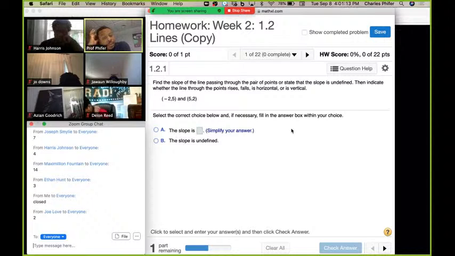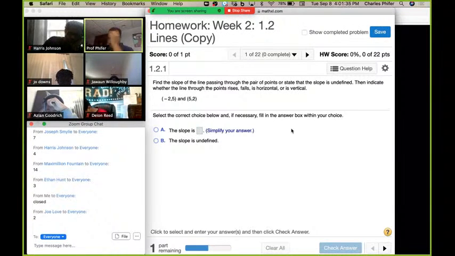It says find the slope of the line passing through the pair of points and state whether that slope is undefined. Indicate whether the line rises, falls, is horizontal or is vertical. Okay, so let's take some notes. This is the exam 1 study session.